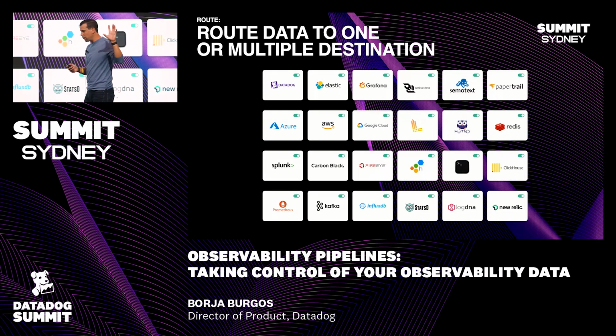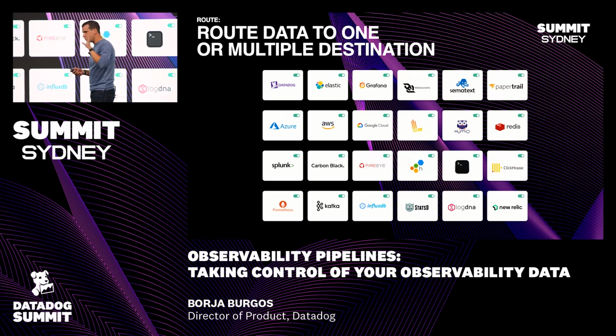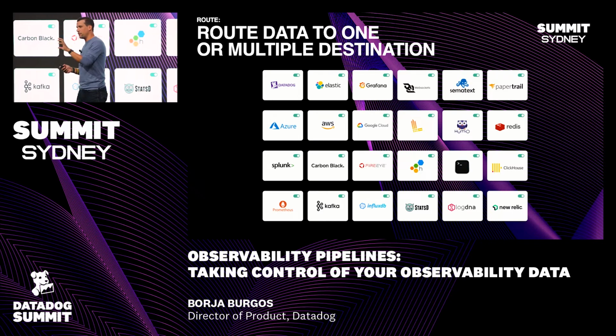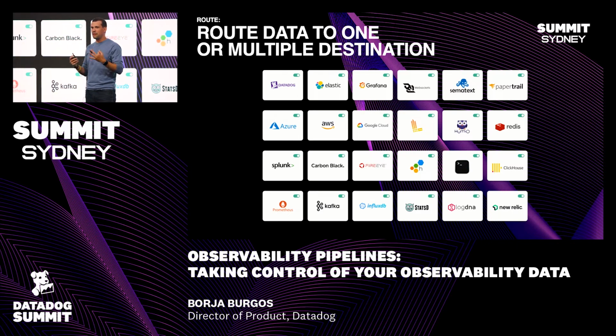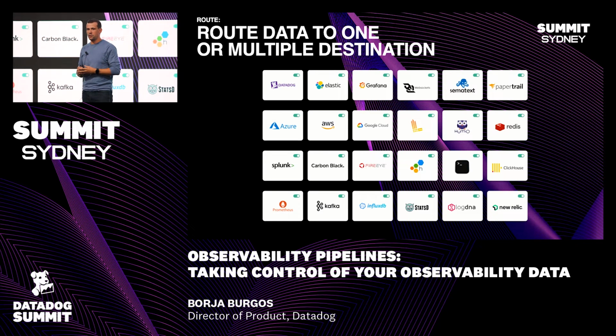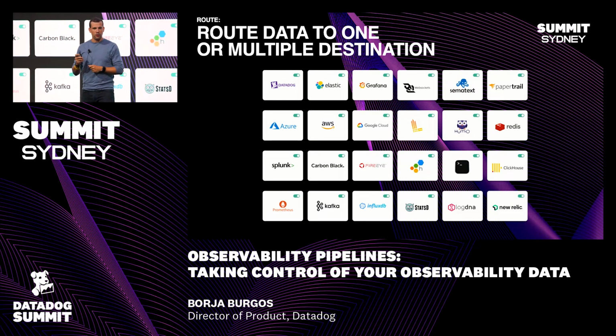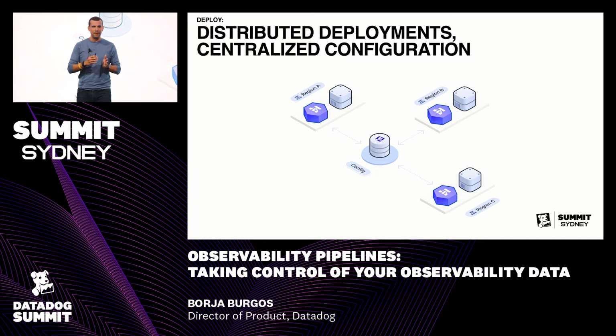So we now have been able to collect the data, transform the data, and deliver the data. So we have three more things that we should look for in observability pipelines. One of them is that the observability pipelines themselves can actually be deployed in a manner that is easy and convenient for you and your organization. Today, you may be fully on the public cloud. You want to choose a technology that allows you to very easily deploy the observability pipelines in the public cloud.